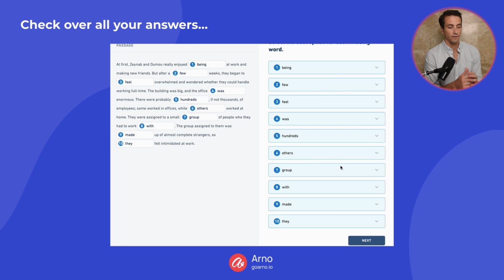So let me read through and see whether all my answers make sense. At first, Zainab and Omo really enjoyed being at work and making new friends. But after a few weeks, they began to feel overwhelmed and wondered whether they could handle working full time. The building was big and the office was enormous.